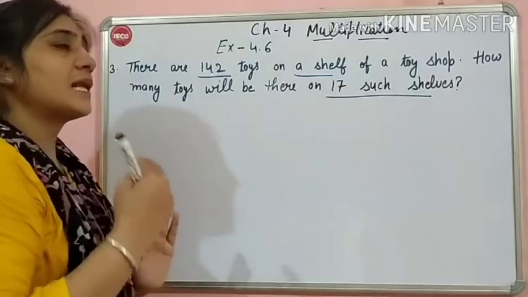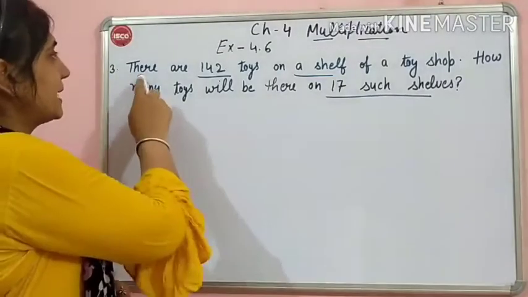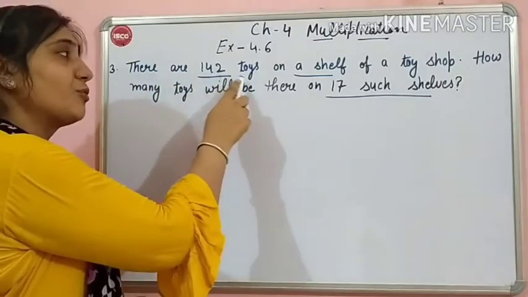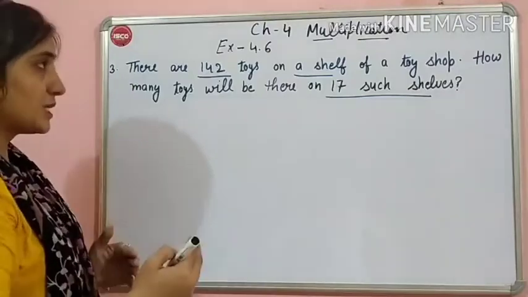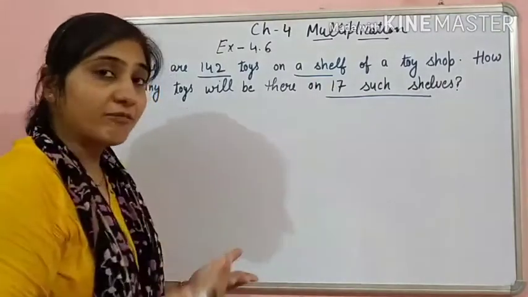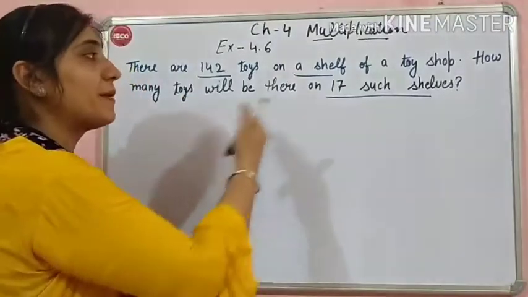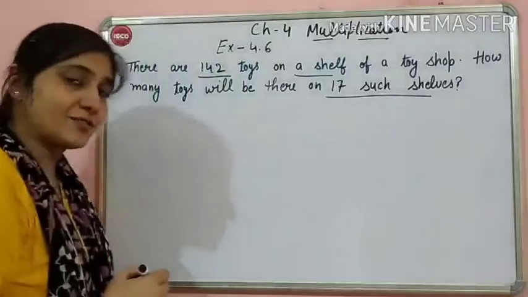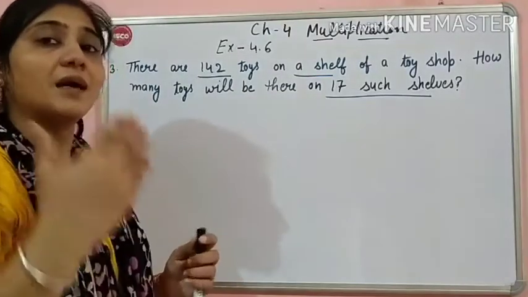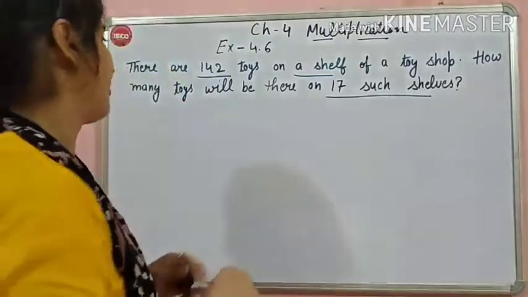These are the number of toys on one shelf. And your question is asking, which thing we have to find? How many toys will be there on 17 such shelves? Your question is asking to find the number of toys on 17 shelves.